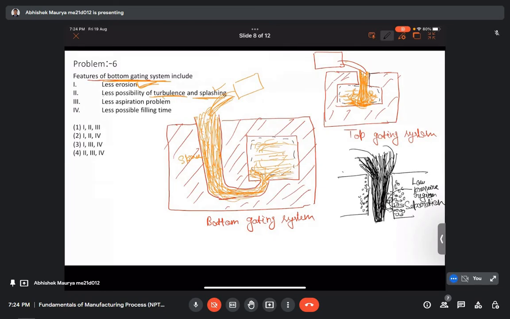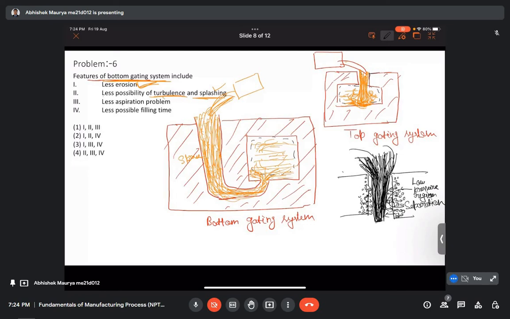So all the gases like nitrogen, oxygen, hydrogen, from the atmosphere, had already found some space in the pores of the mold wall. But when the low pressure region forms, what will happen? Then these gases which were sitting inside the pores of the mold wall came outside and they will try to diffuse inside the molten metal.